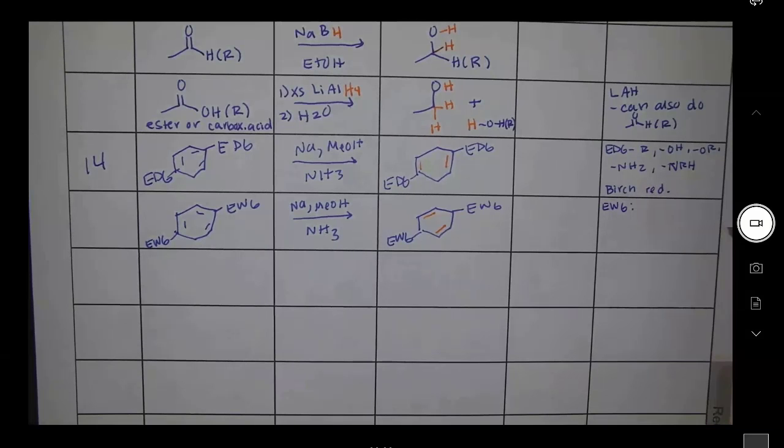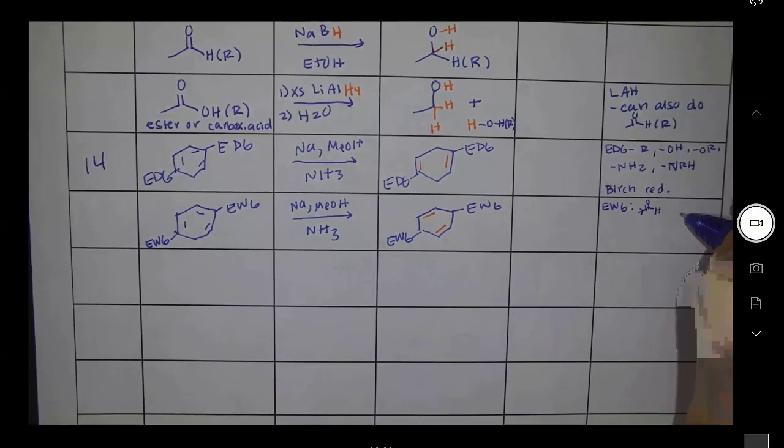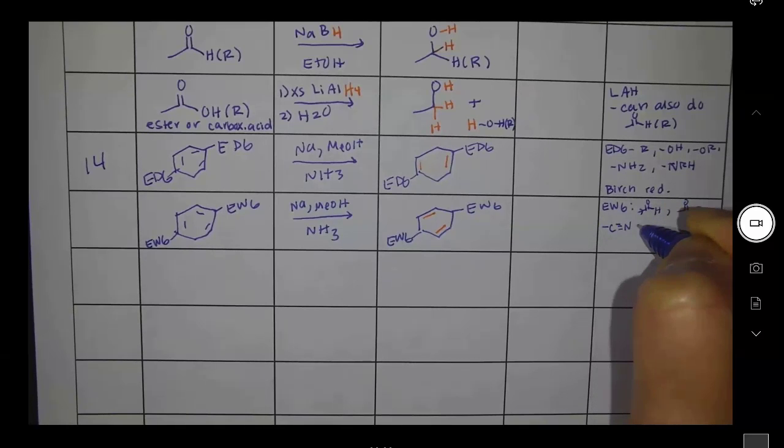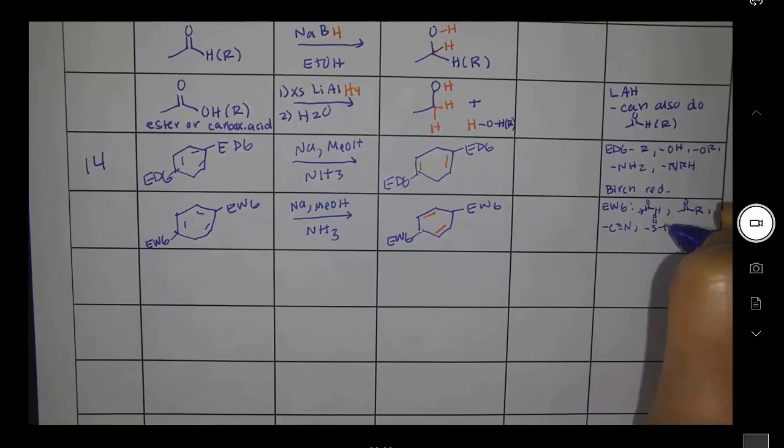And the electron withdrawing groups are things like aldehydes, so a carbon double bond oxygen, a ketone, a nitrile, a sulfoxide.